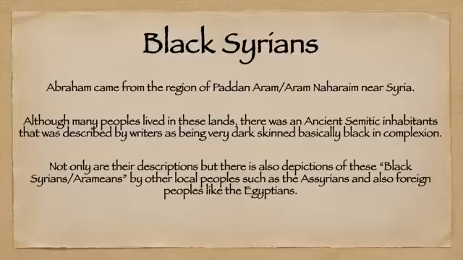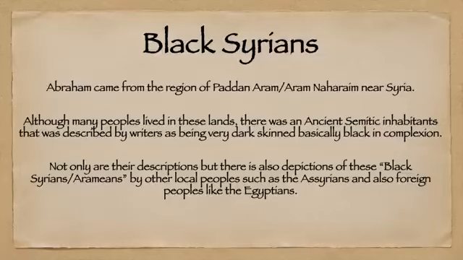Abraham came from the region of Padan Aram, near Syria. So now let's look at the people in ancient Syria in this time because it was a very mixed area. Although many peoples lived in this land, there was an ancient Semitic inhabitants that was described by writers as being very dark skinned, specifically basically black in complexion.